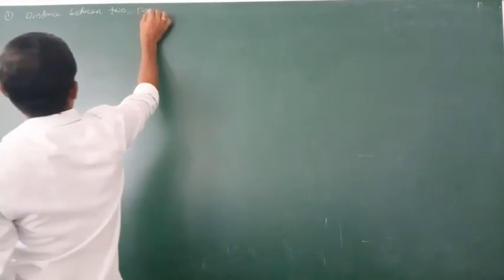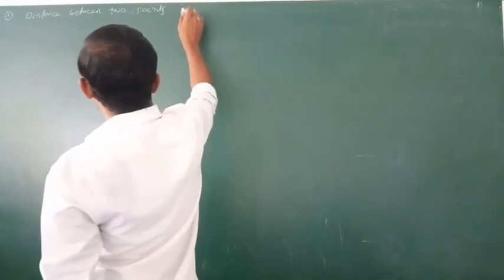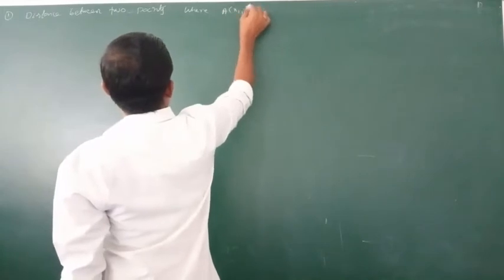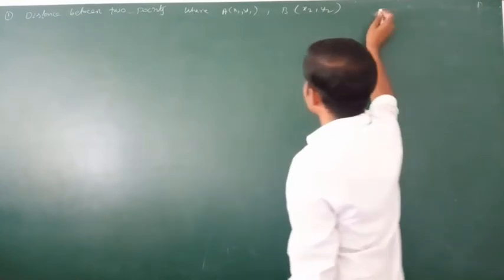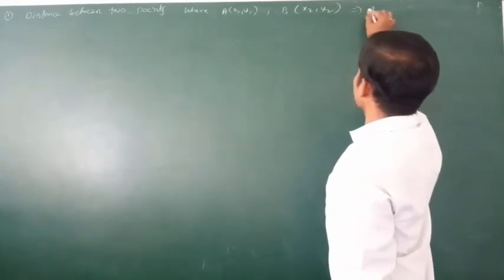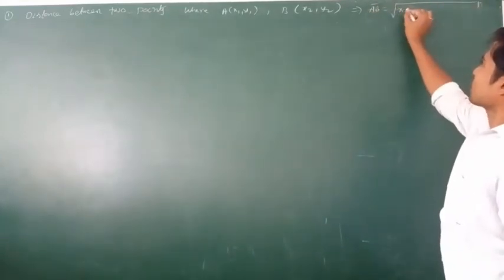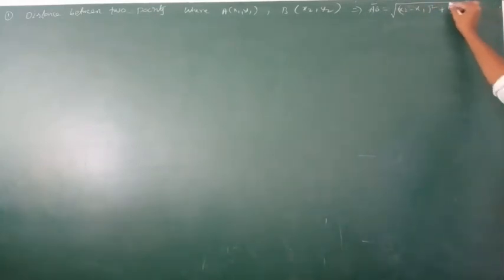If A is x1, y1 and B is x2, y2, then AB equals the square root of (x2 minus x1) whole square plus (y2 minus y1) whole square, right?